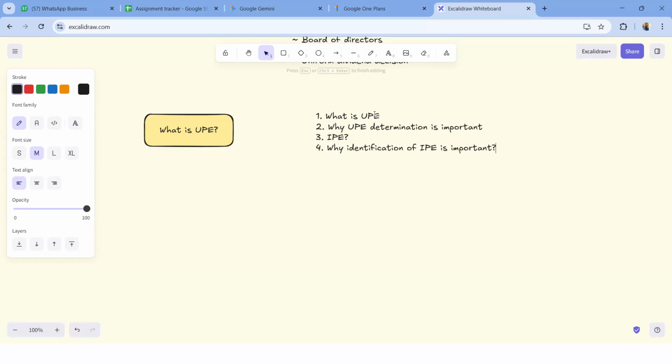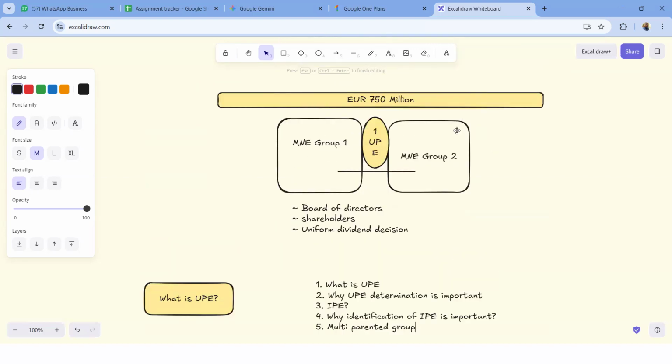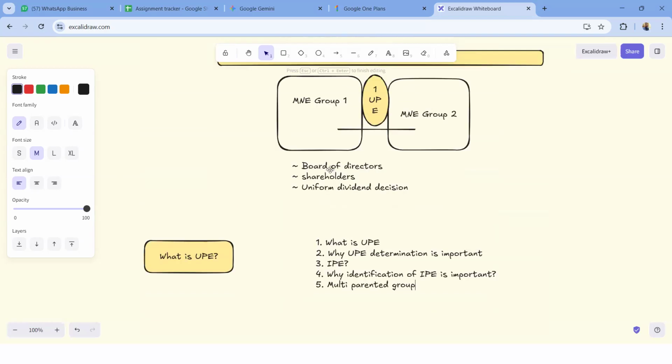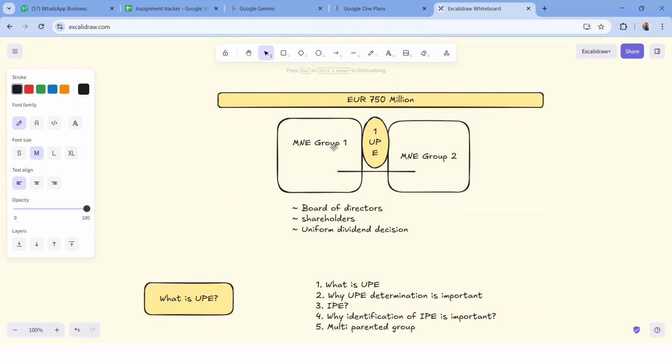We looked at the definitions of the related terms there. Then we learned about a little exception when there is a multi-parented group. There are two groups with two UPEs, but they have the same directors, shareholders, and uniform dividend decisions. At the end of the day, both are seen as the same.